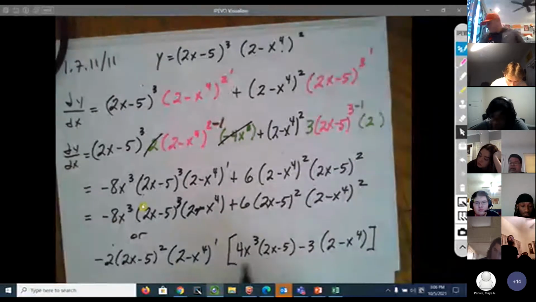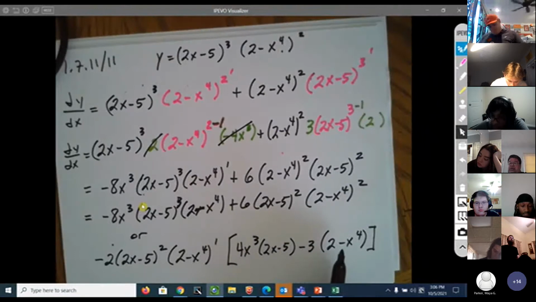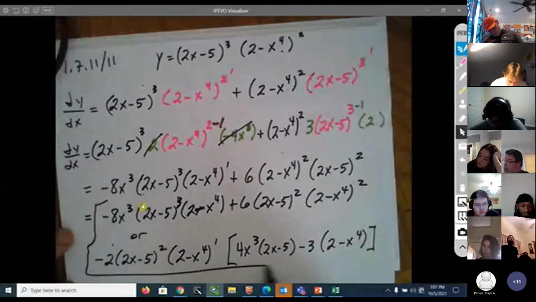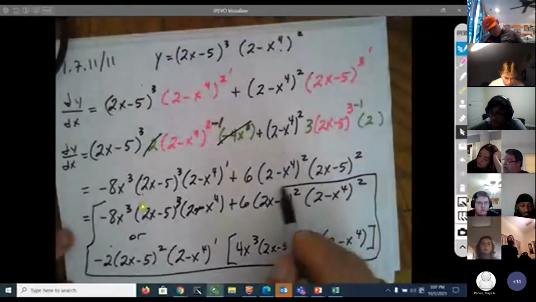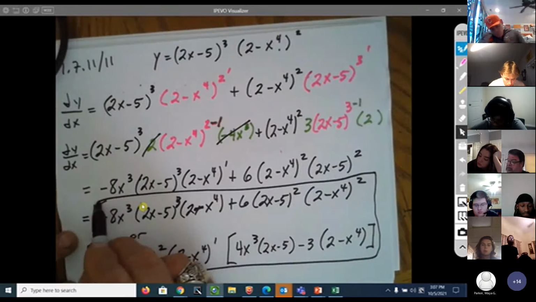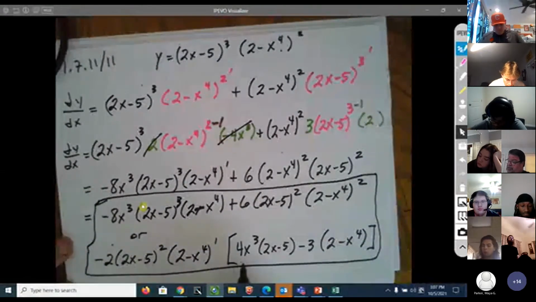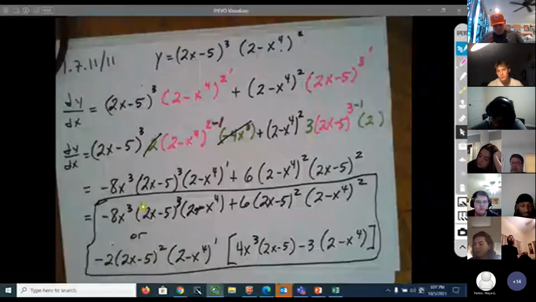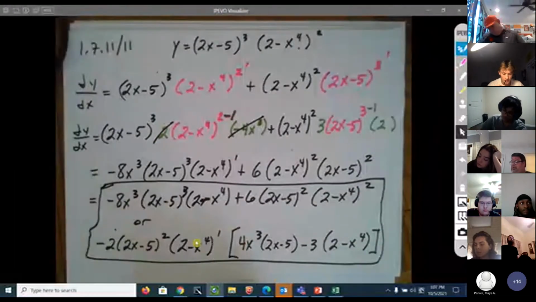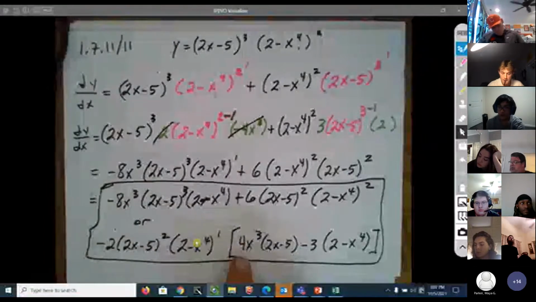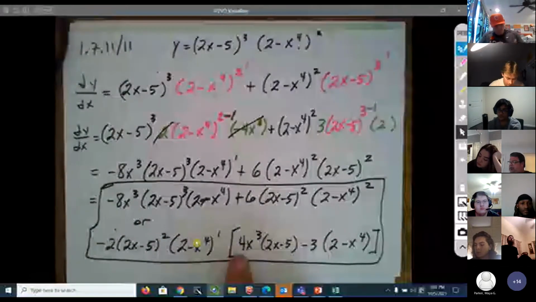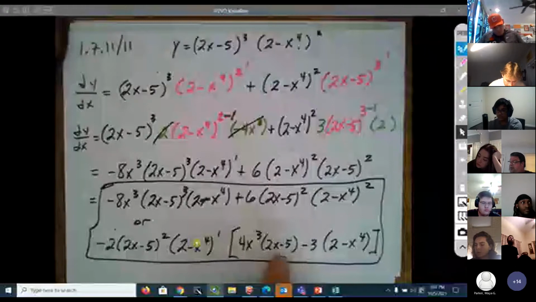And you could actually distribute this, and you might be able to collect some like terms, but I'm going to leave that algebra up to the book and y'all. But I did 2 different answers right there. And this is just left alone, and this is factored out. Let's see what they want. I don't really know if you could do anything with this. That'd be 4. It'd be 8x to the 4th minus 20x to the 3rd.